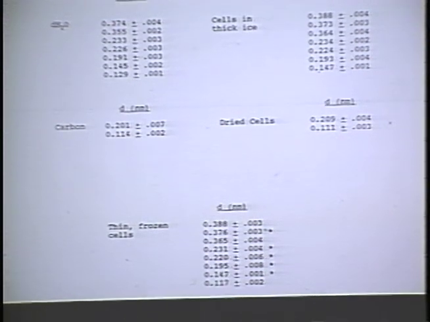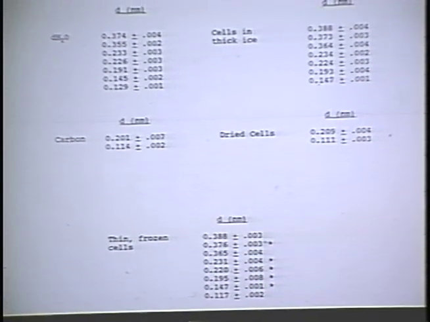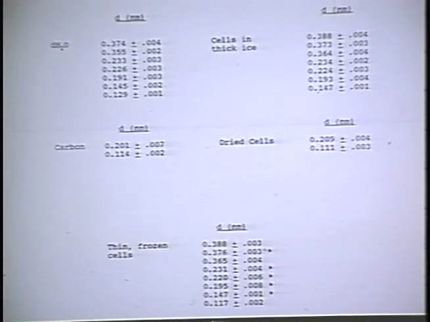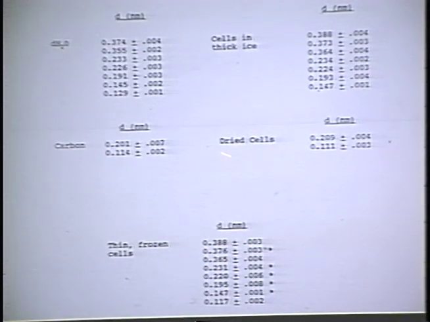We concluded from these data that ice was present in the frozen cells and that these were different from either dried cells or pure carbon films. Next slide, please.